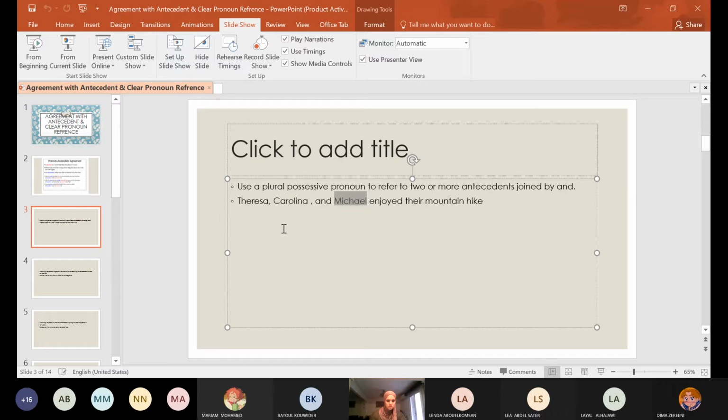Those are the antecedents. They will enjoy what? His mountain hike, for Michael, or her? I have three, so what will I use for possessive, meaning they own it? His or her?